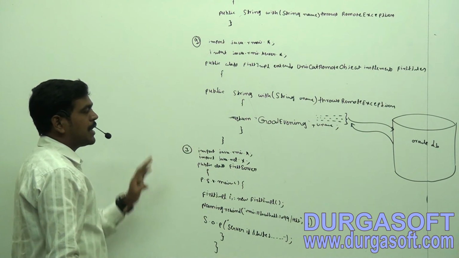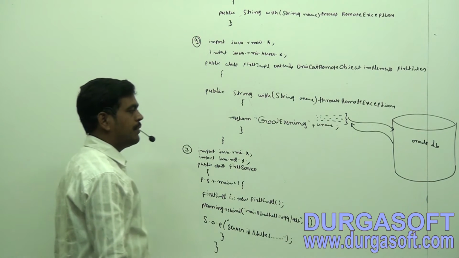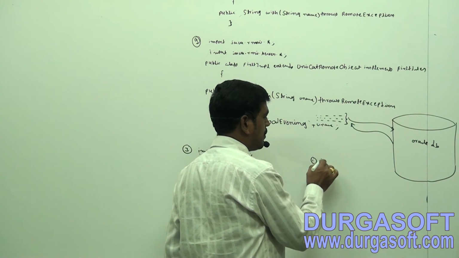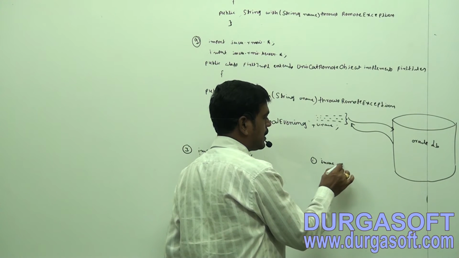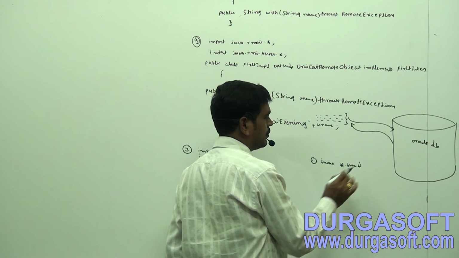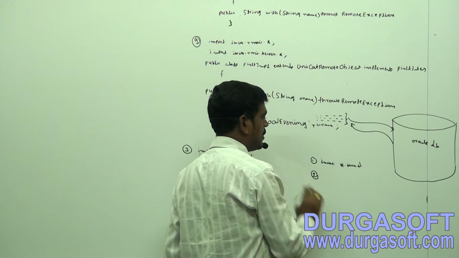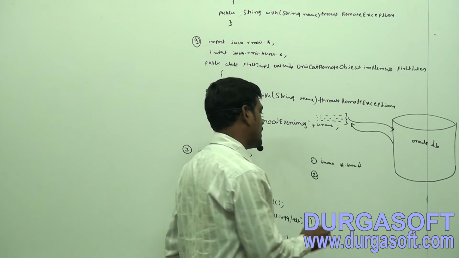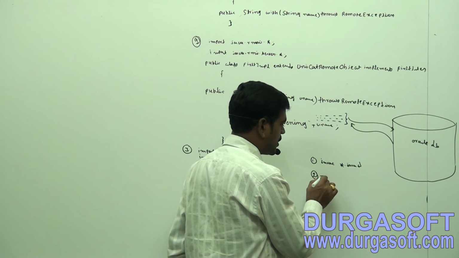After developing the RMI application like this, now we can compile. How to compile? javac *.java. After compilation, now we can generate the stub and skeleton classes. So how to generate?